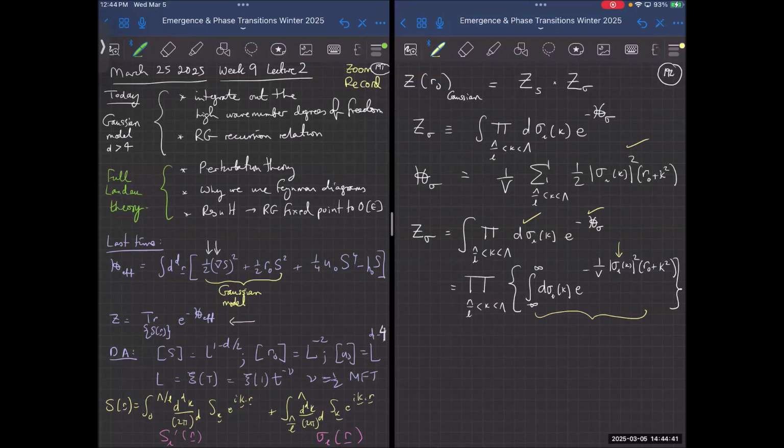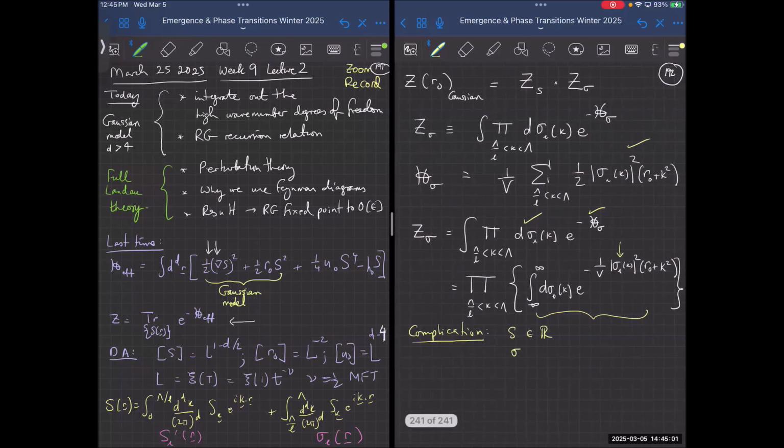Okay, so you know how to do that, but there's a complication. It's not a big complication, but it's something you need to check. The complication is that we started off with s being a real variable. s is real, but that doesn't mean that sigma is real.